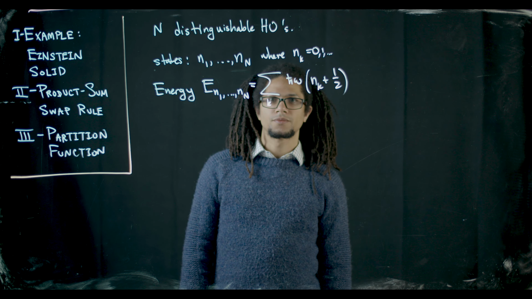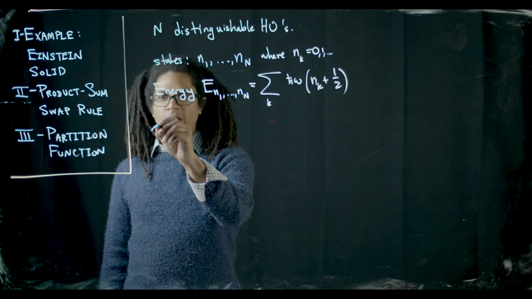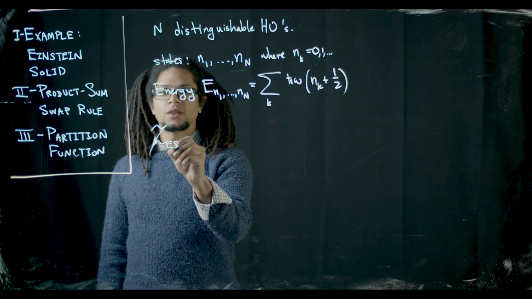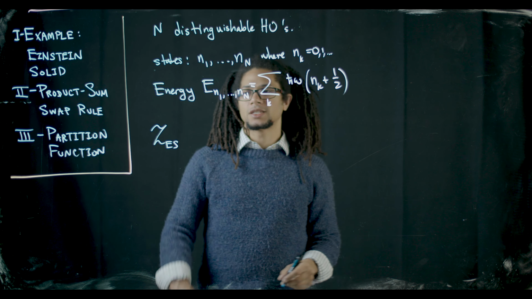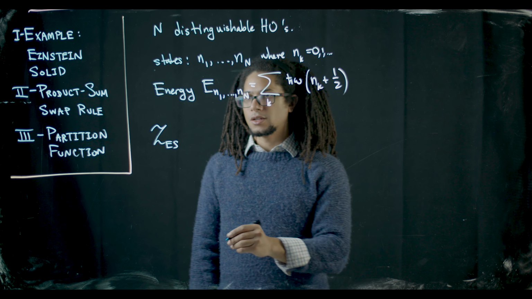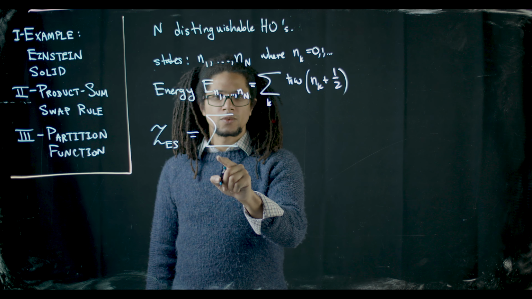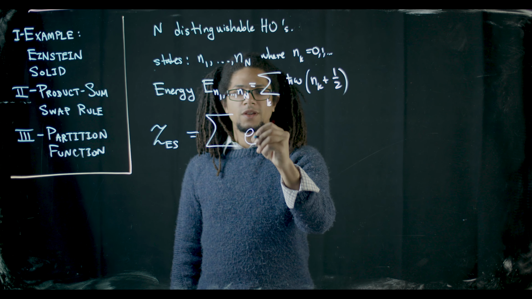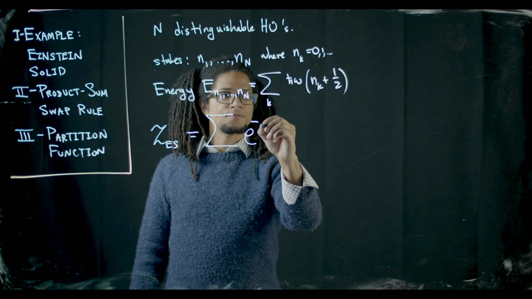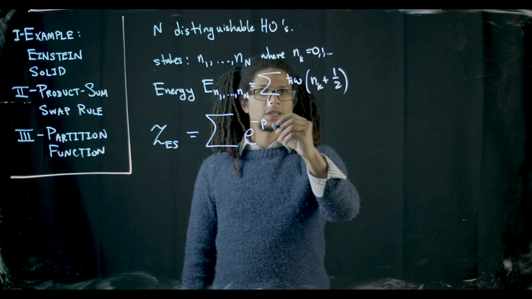Good. Okay, so without further ado, we can find the partition function Z_ES of the Einstein solid. That is going to be the sum over states, we'll get to that in a second, of e to the minus beta times this energy.